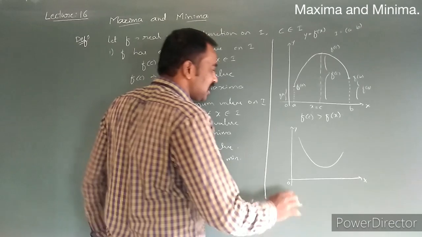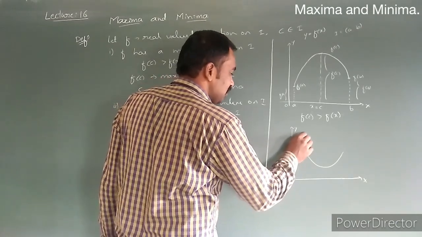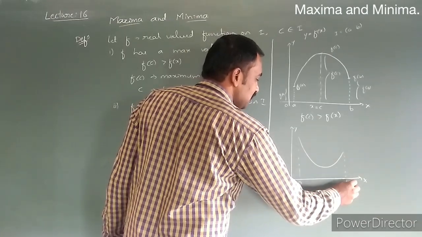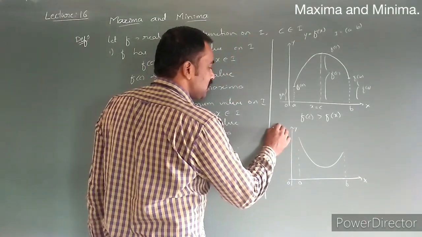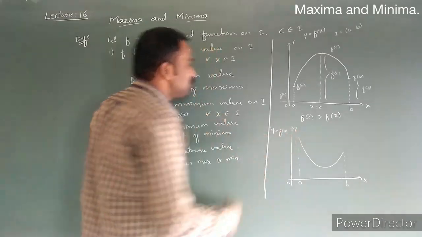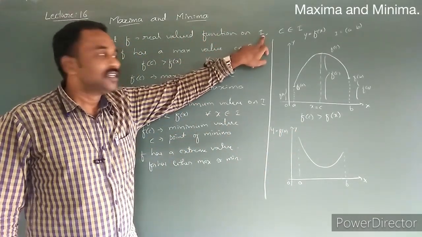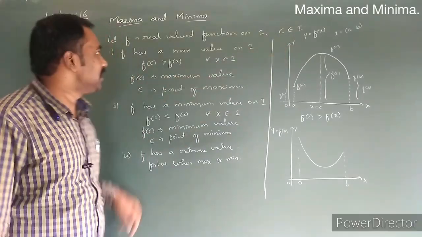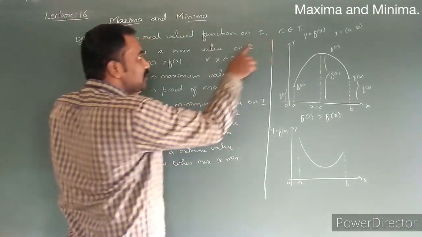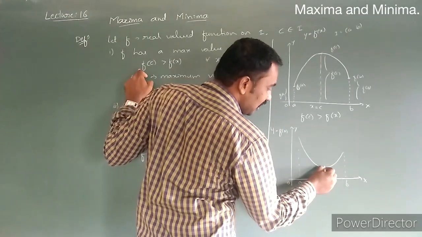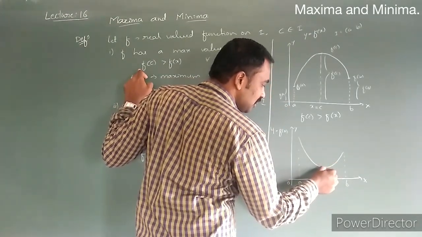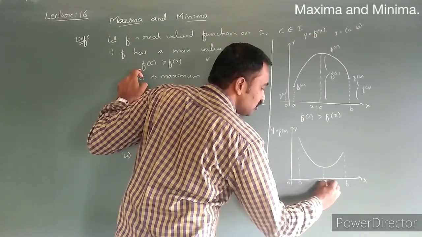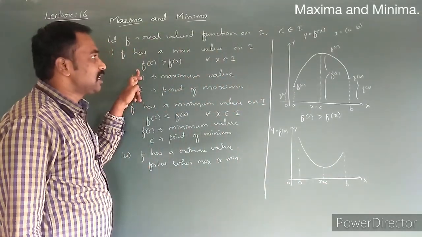I'm not taking the exact diagram, just roughly. This x value is A, and this x value is B. The function y is equal to f of x is a real function defined on the interval I. Then there exists a point C in the interval I. This point is C, which belongs to the given interval (A, B).